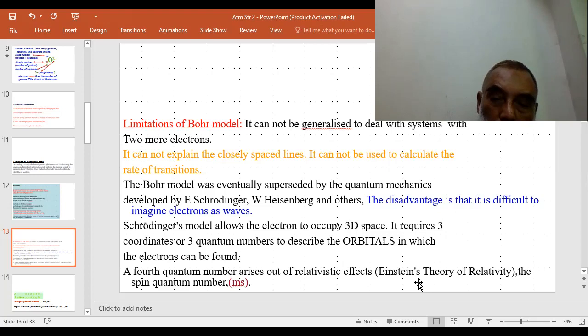The Bohr model was eventually superseded by quantum mechanics proposed by de Broglie, Schrodinger, and Heisenberg.